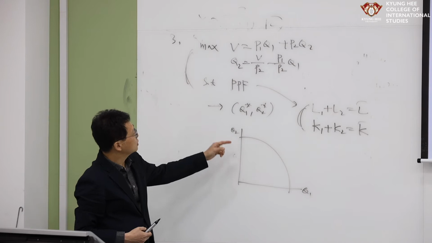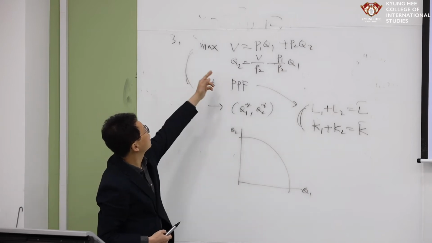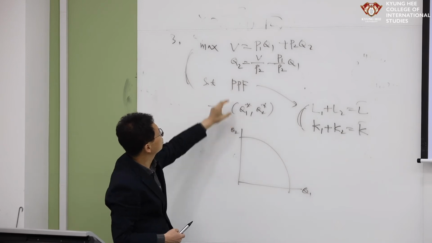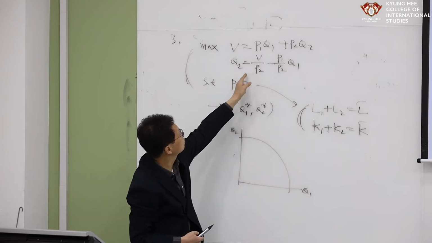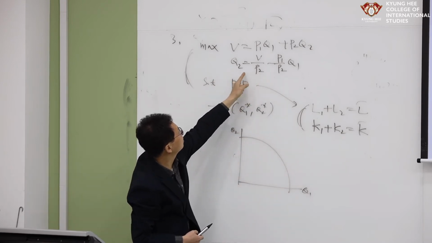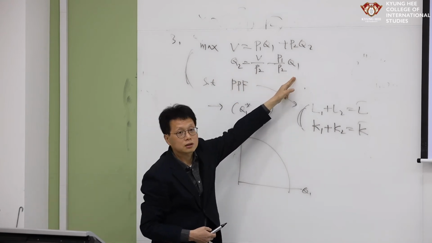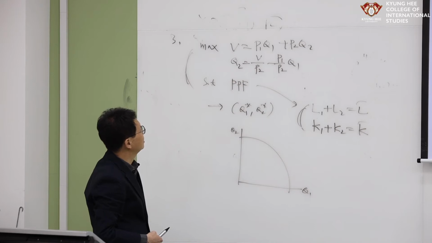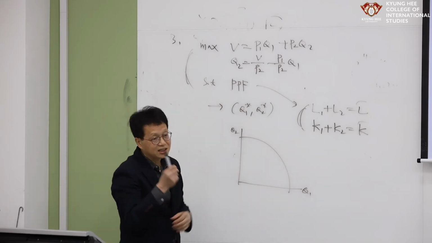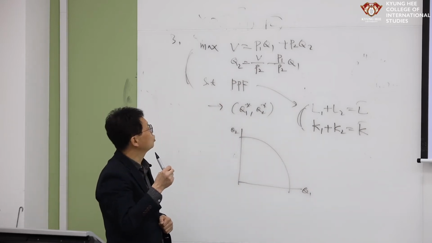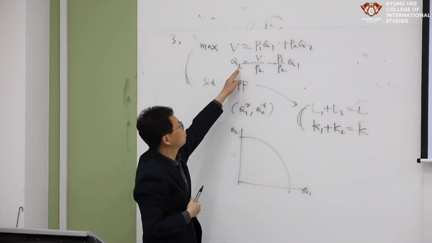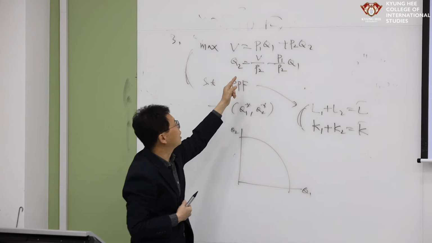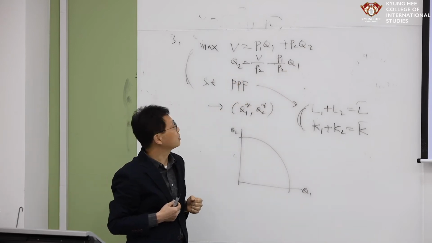If I explain a little more about this value maximization problem, for the iso value line, the Y variable is Q2, the X variable is Q1, and Y equals A minus BX. In my earlier graphical illustration, this is a negative relation between Q1 and Q2. Q2 is the Y variable, Q1 is the X variable. As X increases, Y decreases, right?